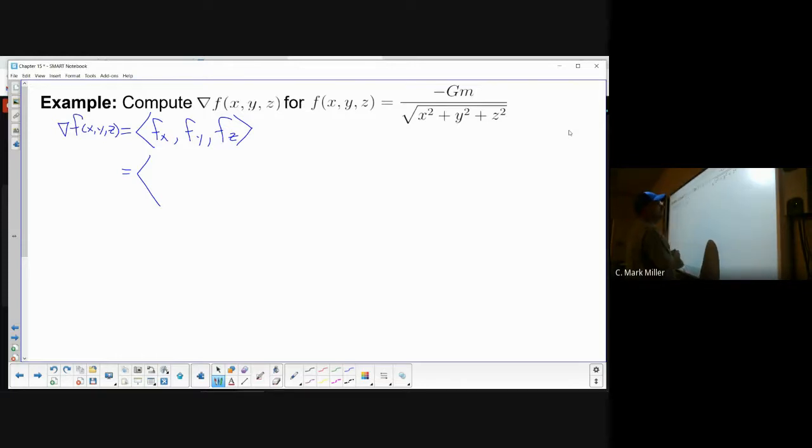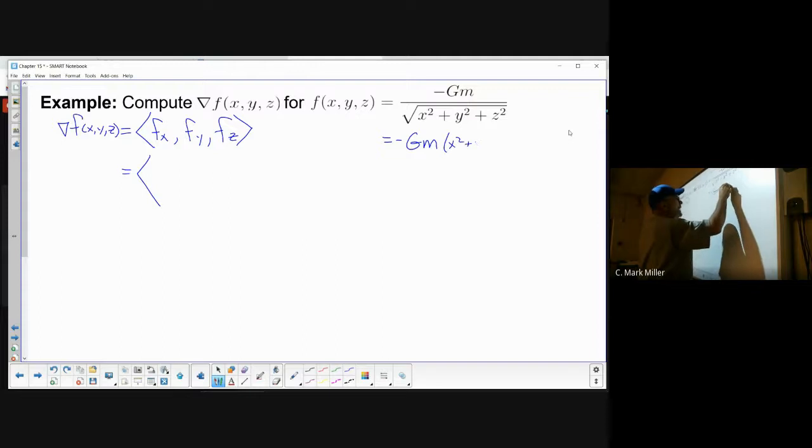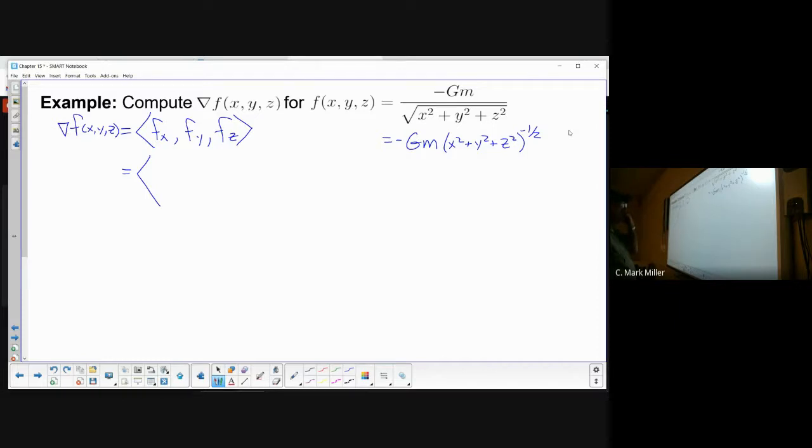But I'd be careful here. This is minus gm, and then we have x squared plus y squared plus z squared to the minus 1/2, right? So the g and m are constants.